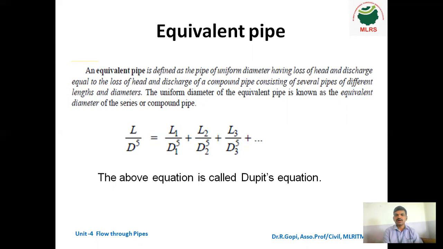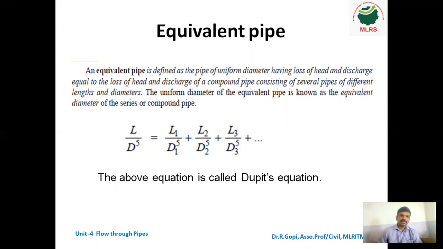So that pipe is called equivalent pipe. As I told earlier, like the resultant load, it is called a resultant pipe. So please remember, the number of pipes converted into a single pipe for the same output is called equivalent pipe.